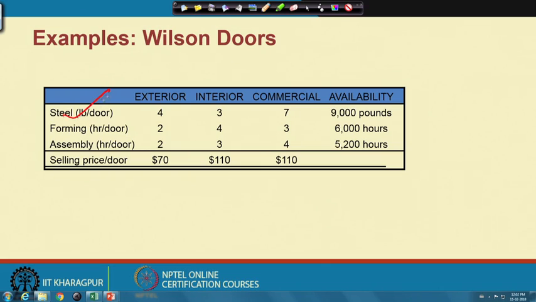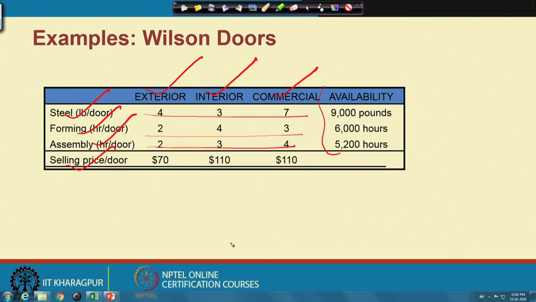So, for example, we start with a simple example here. There are 3 constraints, constraint 1, constraint 2, constraint 3, and this is the objective function, and we have 3 variables. This is the first variable, second variable and third variable, and correspondingly this is the first constraint, second constraint and third constraint, and these are all restrictions corresponding to all these constraints, and these are all objective function values.